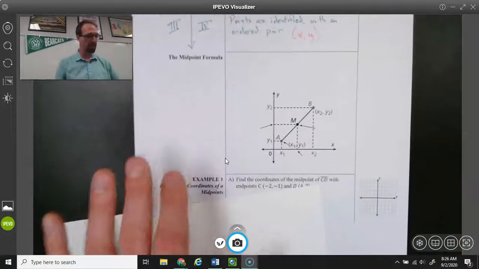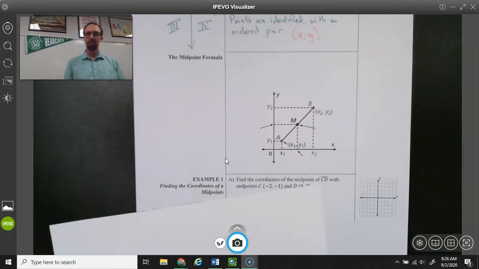So the midpoint formula, I'm going to give you the midpoint formula first, but the idea behind it is essentially we're going to try and find the midpoint between 2 other points. So a point here and a point here on my coordinate plane, where's the middle point for this?